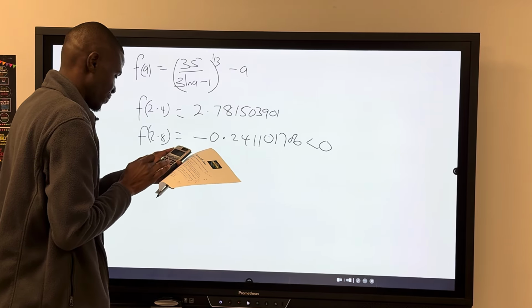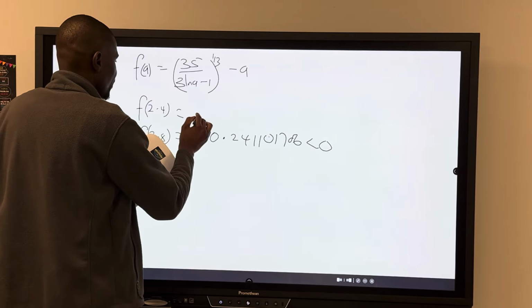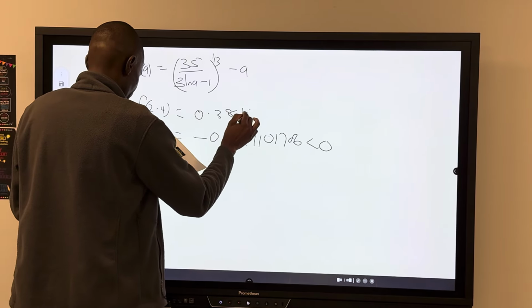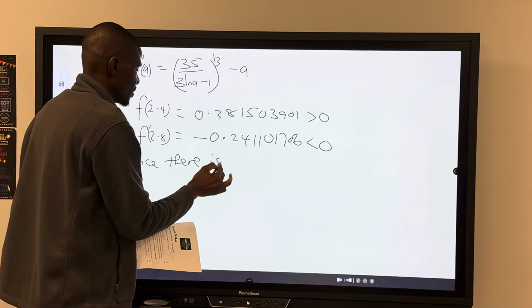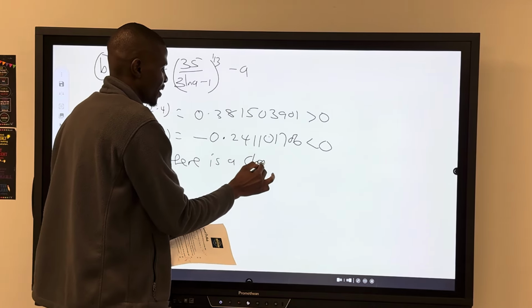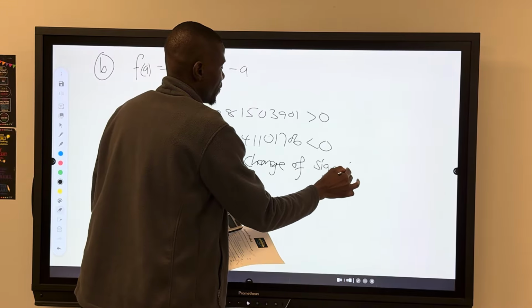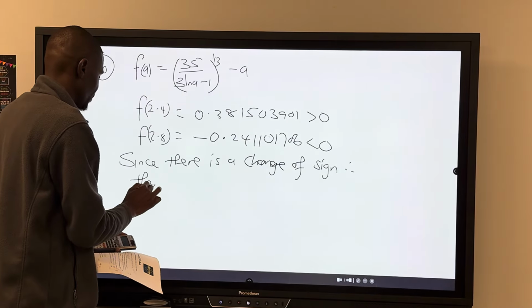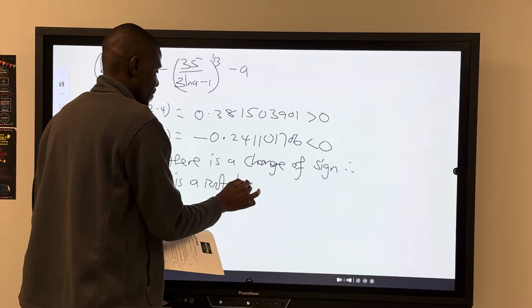Okay, I'm getting 0.381503901, which is greater than 0. So since there is a change of sign, therefore there is a root between 2.4 and 2.8.